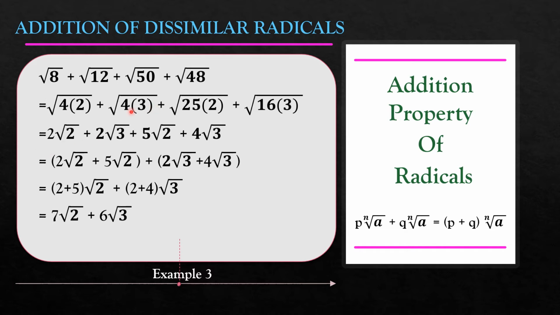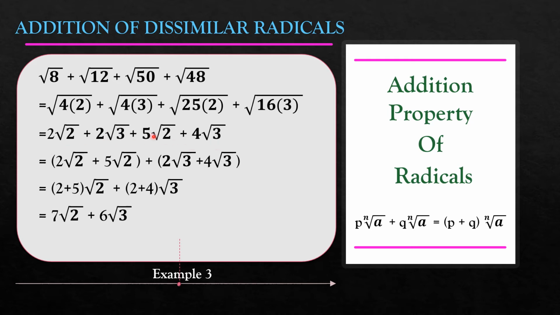And then dito, square root ng 4 ay 2, naiwan po sa loob si 3. And then, square root ng 25 ay 5, naiwan sa loob ng radical si 2. Then, square root ng 16 ay 4, naiwan si 3 sa loob ng radical sign.